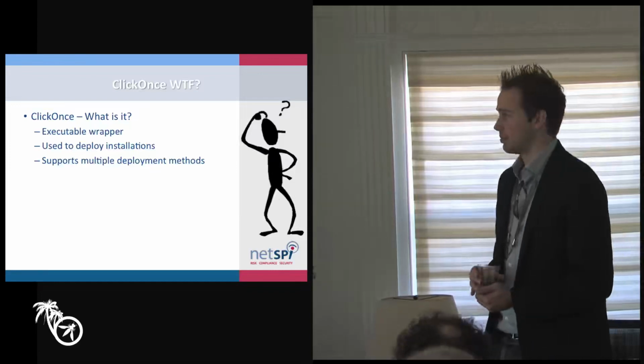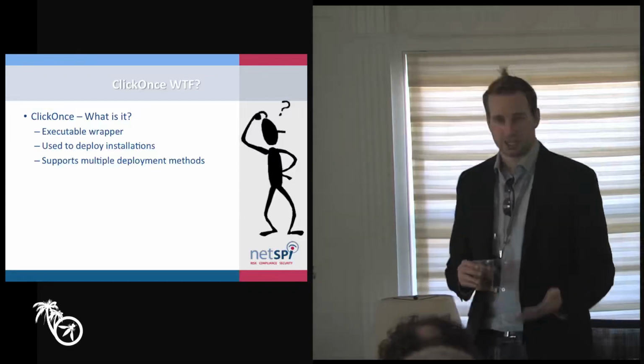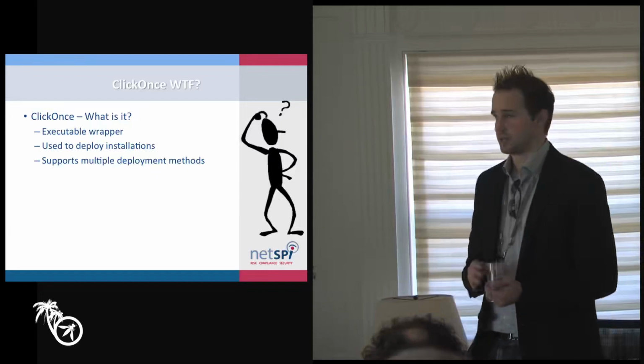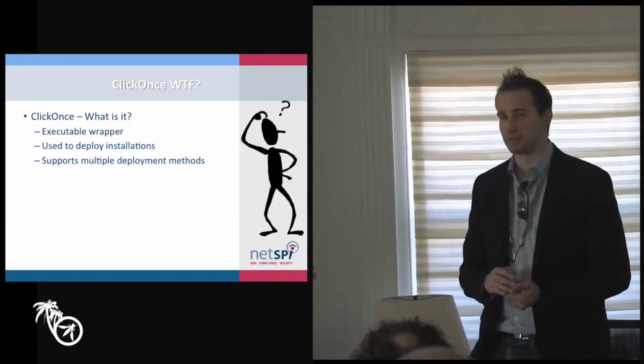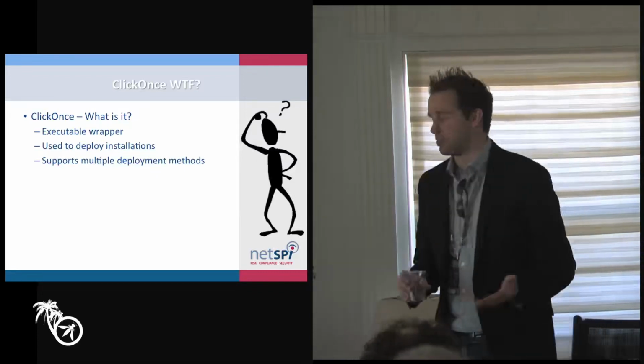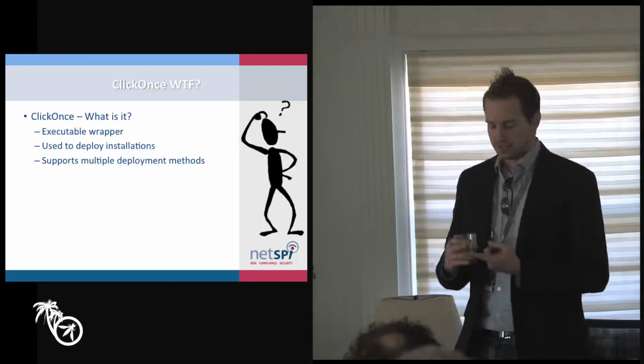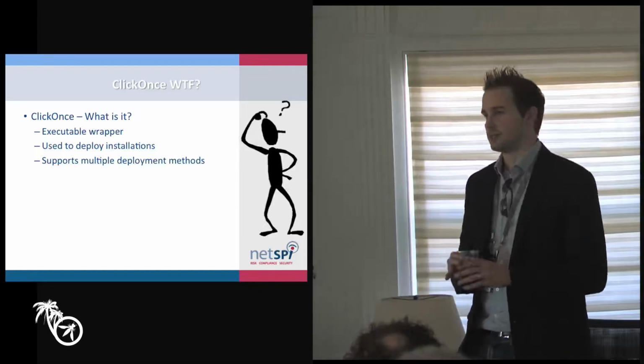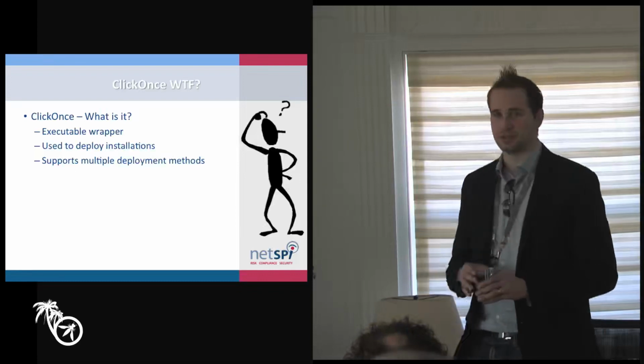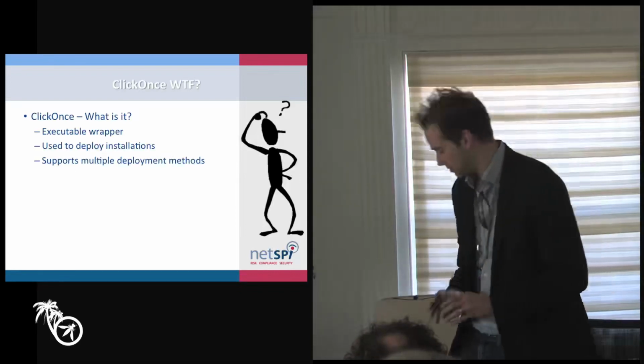And that's particularly why it's interesting to application developers or people who need to push these applications to people's computers. It also supports multiple deployment methods. So you can install this from the web, local machine, from a network share, basically anywhere you could typically run an exe.